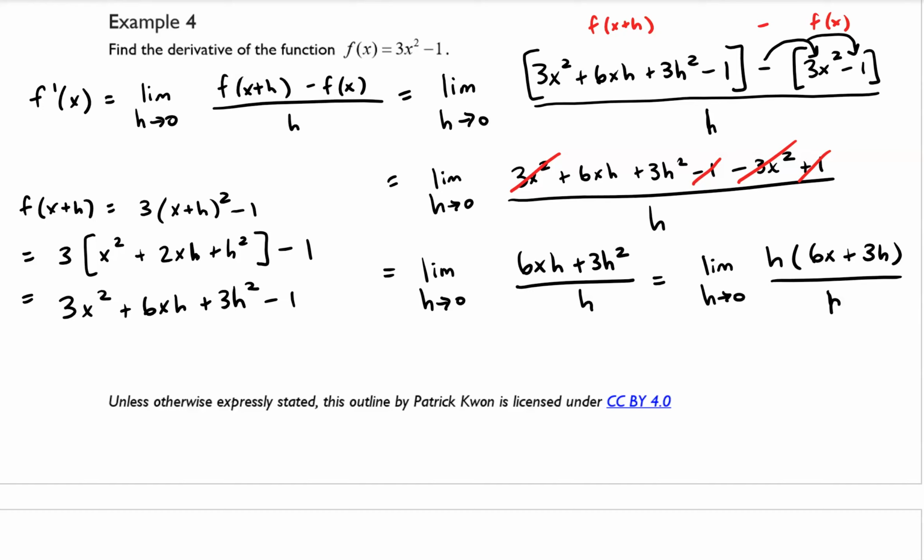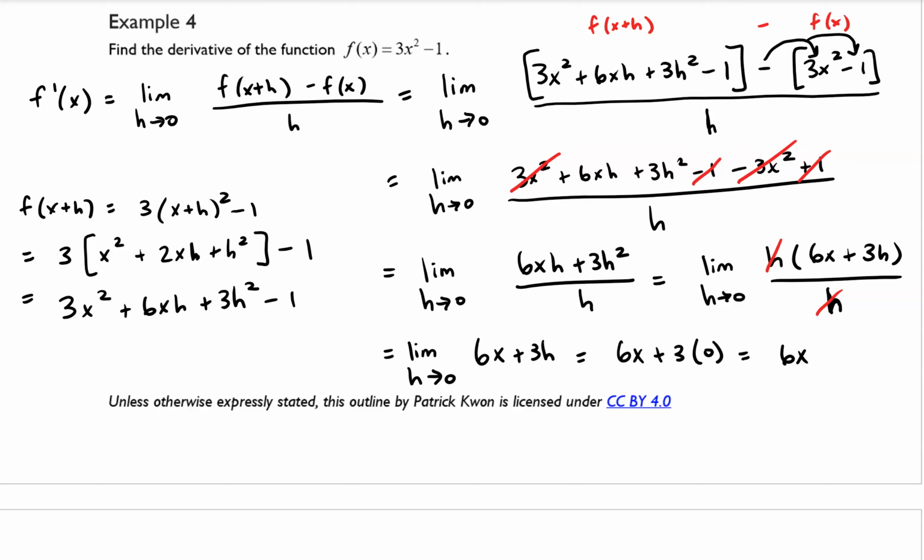And if we factor out an h in the numerator, notice that this h and this h will divide out. So we'll be left with the limit as h approaches 0 of 6x plus 3h, and because that's a polynomial, we can just substitute in 0 for h, so we get 6x plus 3 times 0, which just ends up equaling 6x.